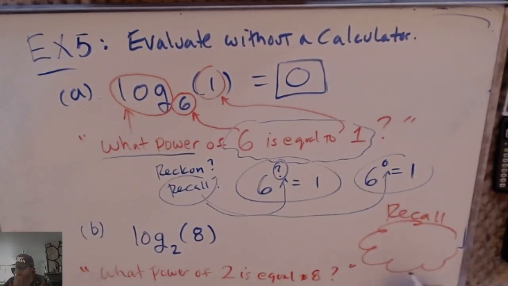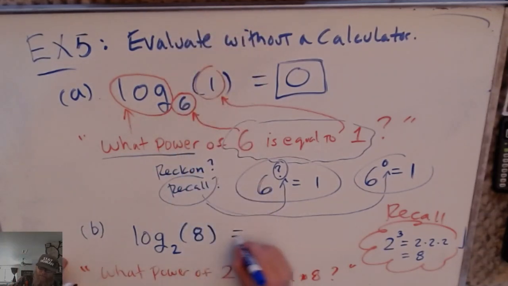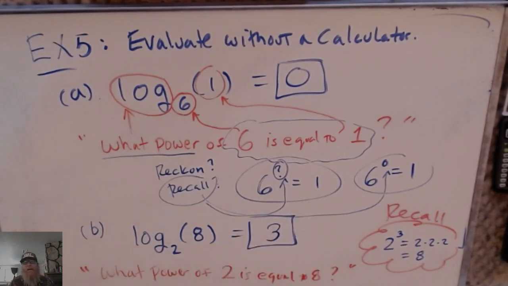So recall 2 to the 3rd power is 8. There goes my pen. So this must be 3. So what you're doing is you're remembering or you're recognizing how many times you would have to multiply 2 to get 8.